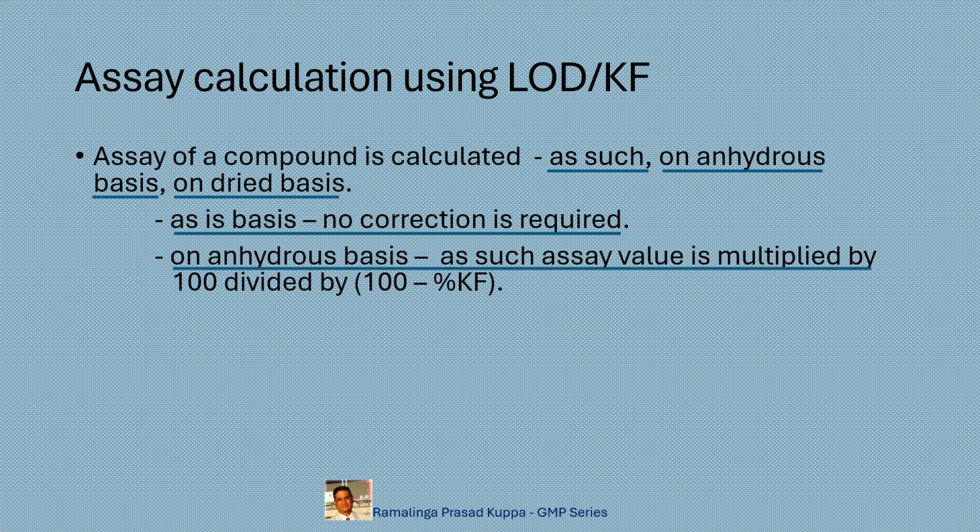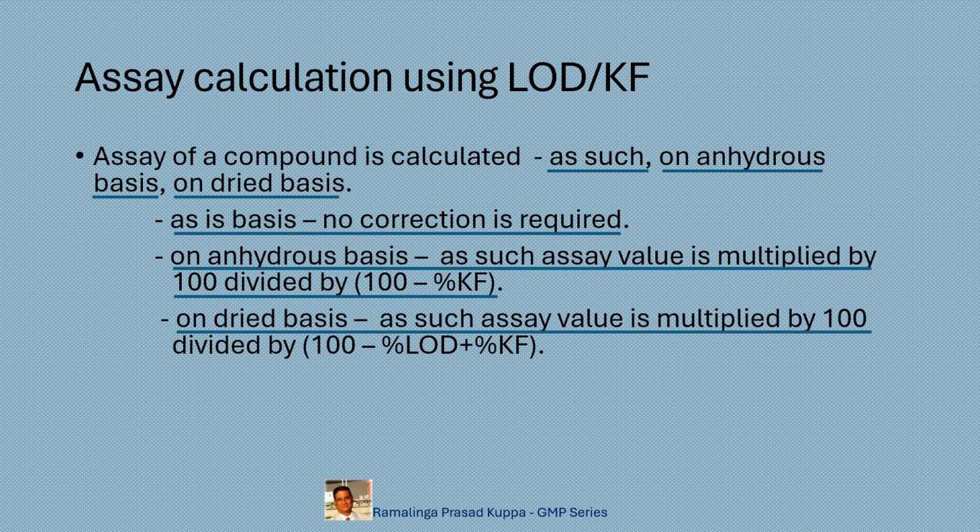On anhydrous basis, the as-is assay value is multiplied by 100 divided by 100 minus percent KF. Anhydrous basis means, by definition, the content after making correction for the water content present in the product. Simple way to understand.